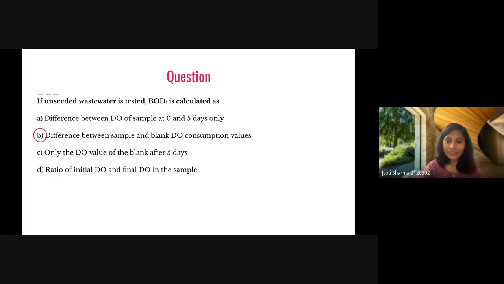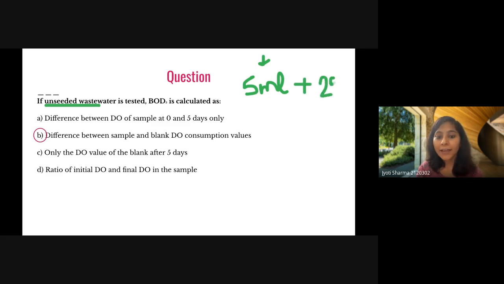First you have to understand what unseeded wastewater is. For example, you are having 5 ml of wastewater, but you have to dilute this water. So for example, we are adding 295 ml of water to make it 300 ml.